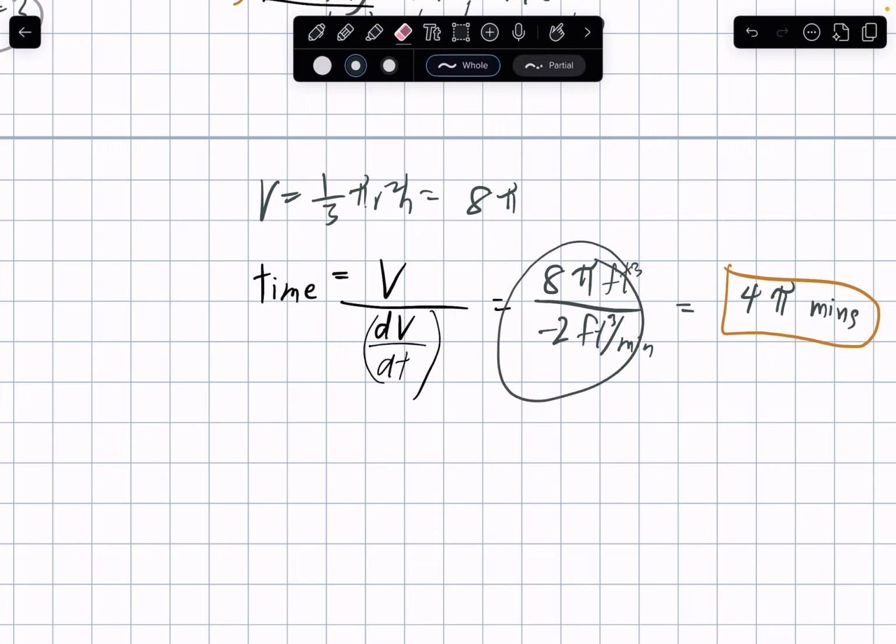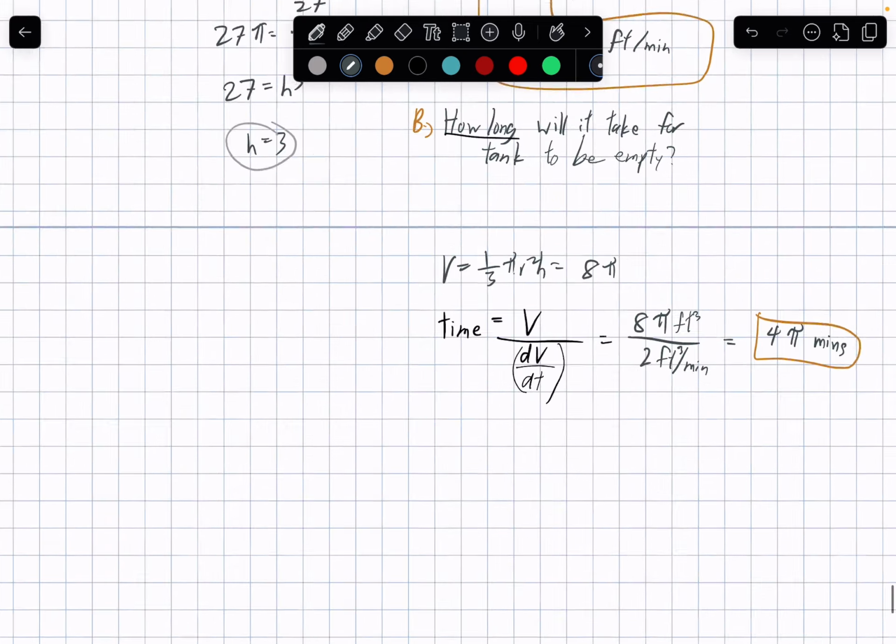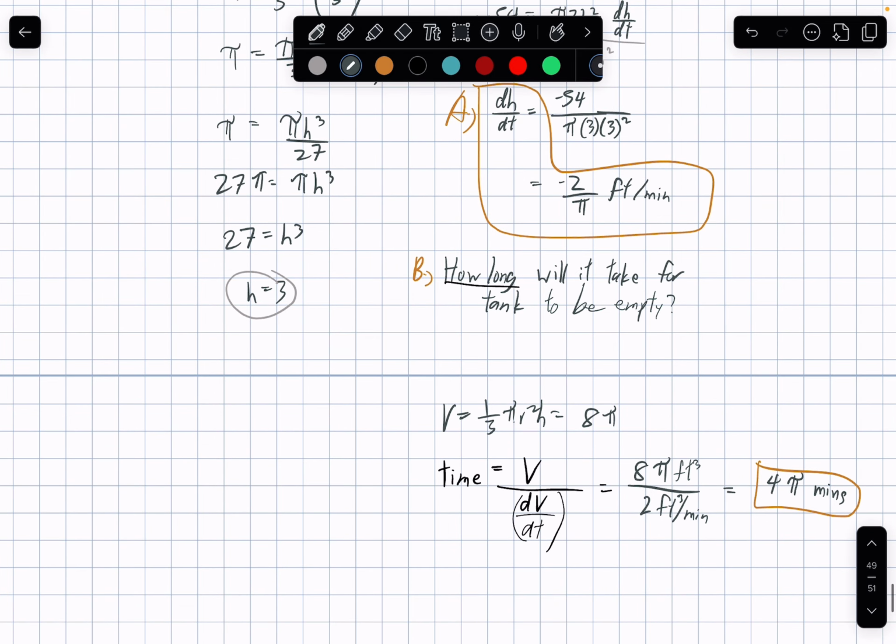So in this scenario specifically, we disregard the negative sign. So basically, it's going to be 4 pi minutes. You can't say that the answer is negative 4 pi minutes. That's just what I want to say. So that is it.